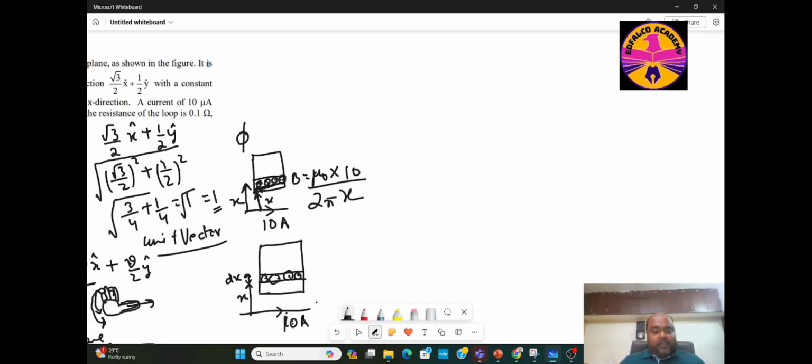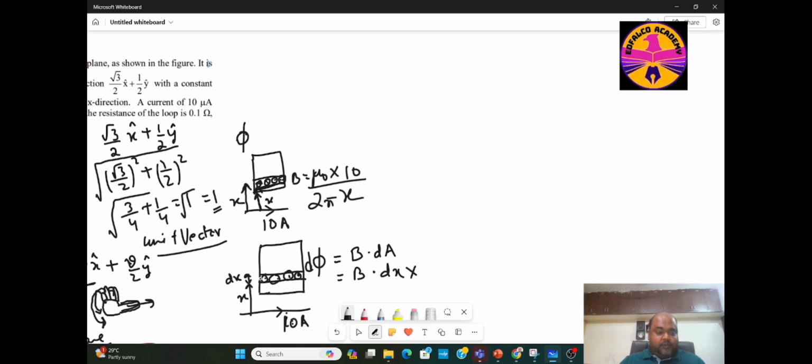Now if I try to calculate the flux in only this strip, let's call it d phi, because it is the small flux prevailing in this particular strip, it will be given by B into dA. The dA is the area of this strip, which is looking like a rectangle, right?